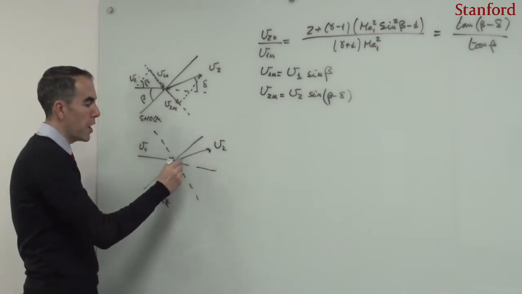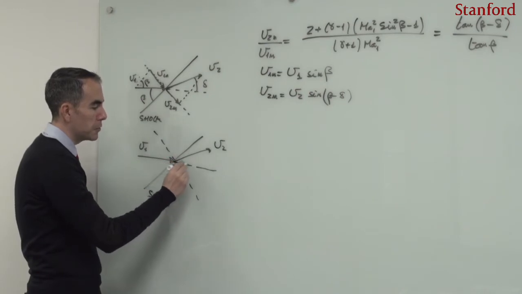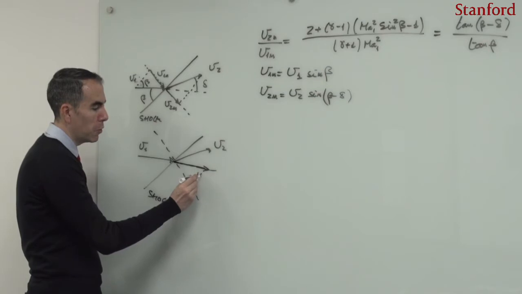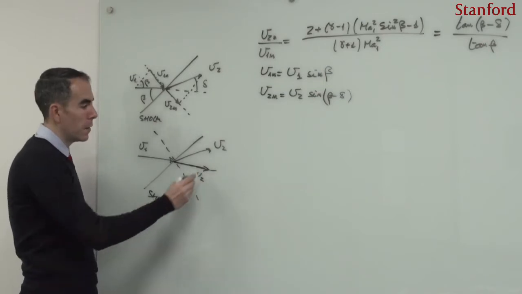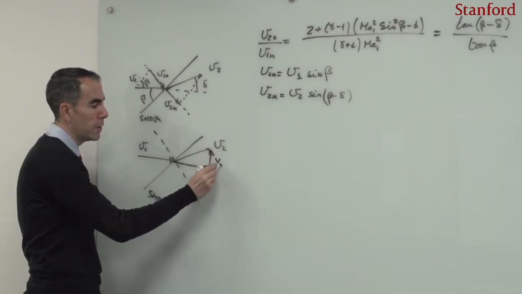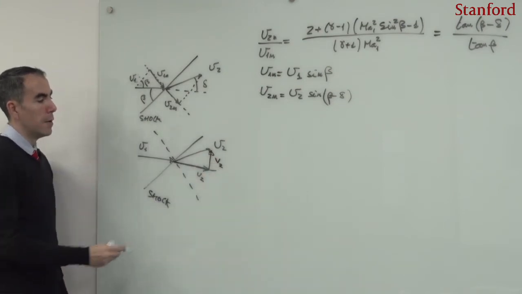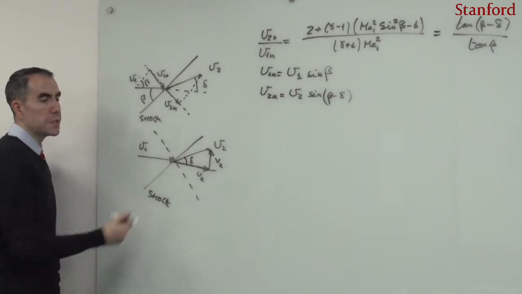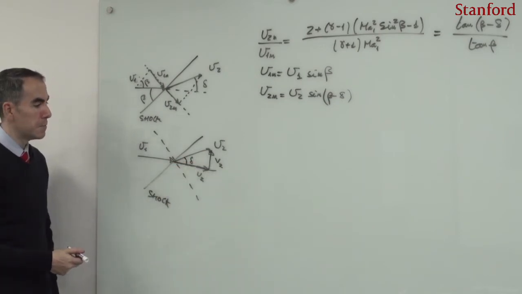The question now is what happens with these two components: the horizontal component that I'm going to denote as small u2, and the vertical component that I'm going to call v2. And this angle is delta. So the question is what happens with these velocity disturbances.